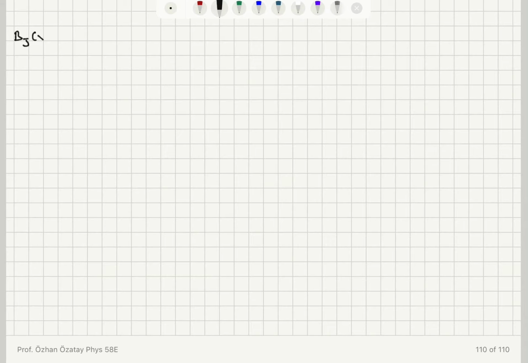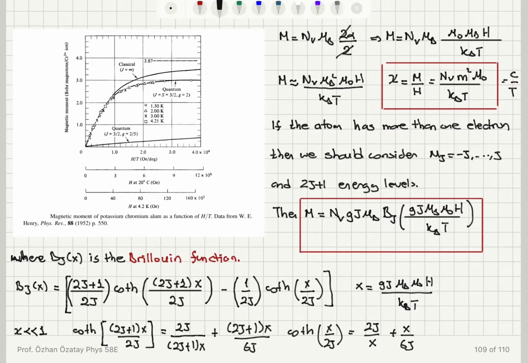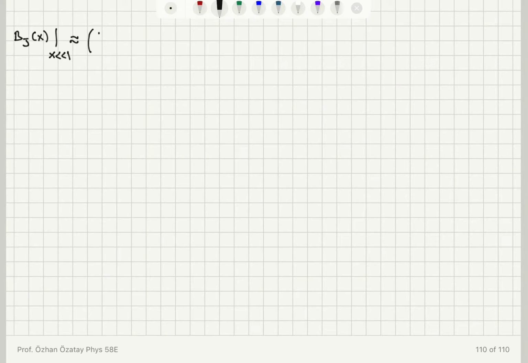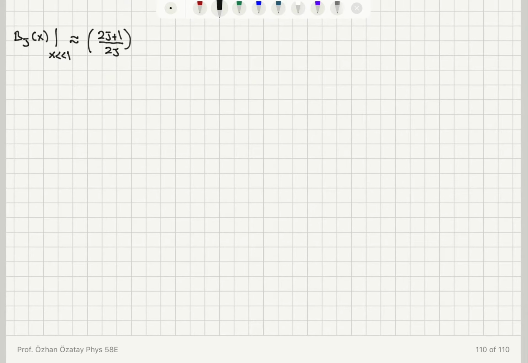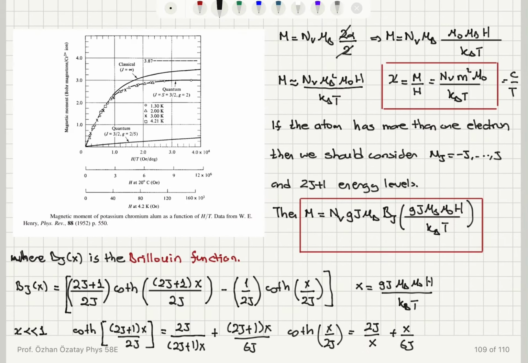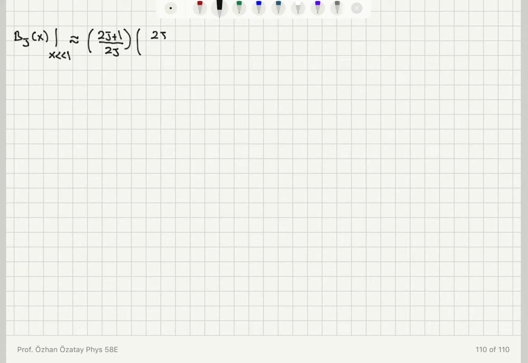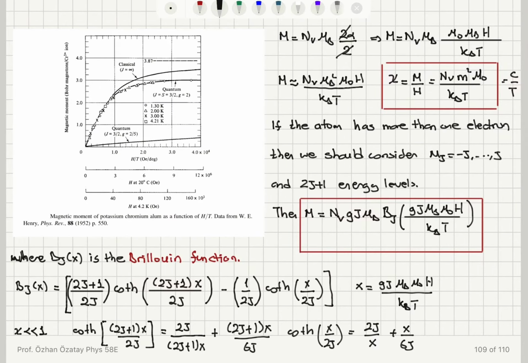The Brillouin function as a function of x, for x much less than 1, is going to be equal to (2J+1)/(2J) multiplied by the coth function: 2J/((2J+1)x) plus (2J+1)x/(6J).